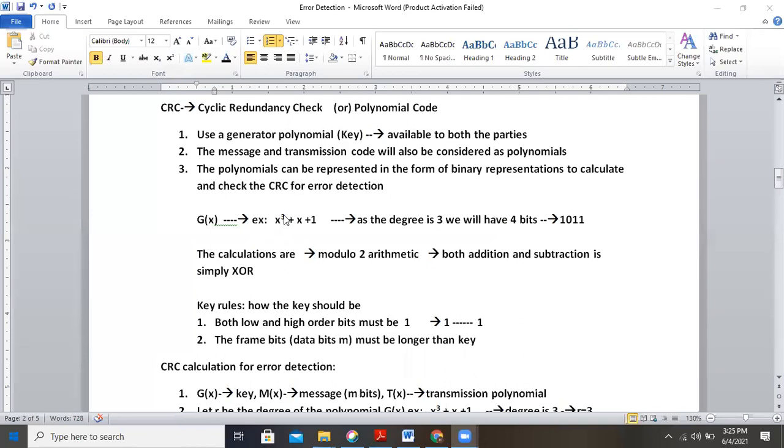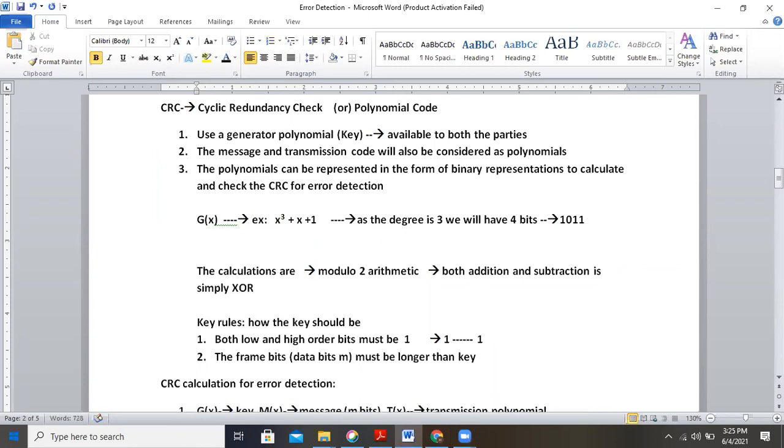As I told you in the last class, whatever the degree is, degree plus 1 is the number of bits. Now when I take this equation, we get the degree values as 3, 2, 1 and 0. Yes or not?